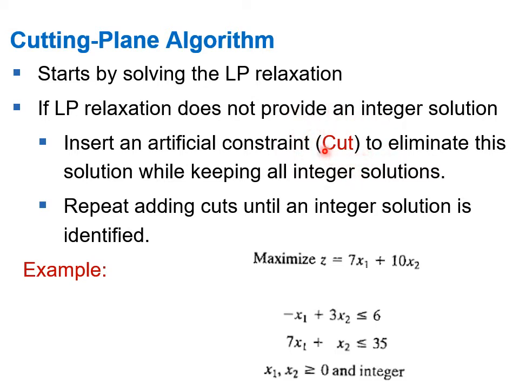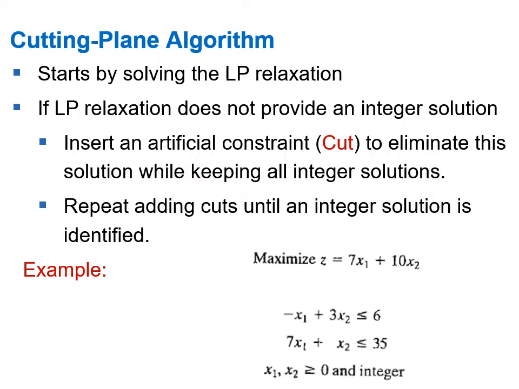This is because the name of the algorithm is cutting plane algorithm. So we are cutting something. What we are cutting is the previous optimum solution for the LP relaxation. But while doing this, we keep all integer solutions.